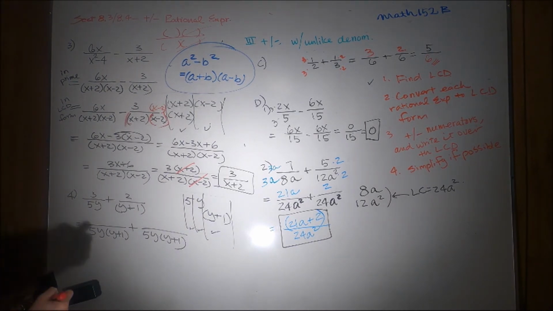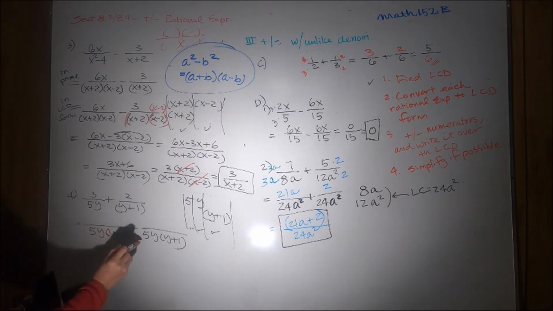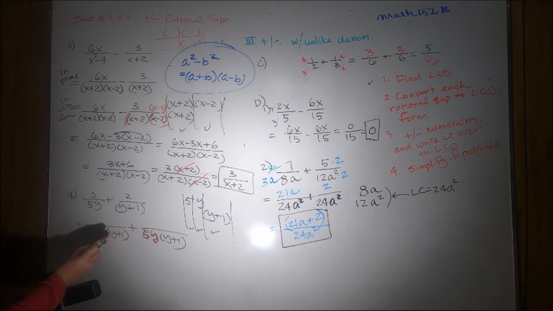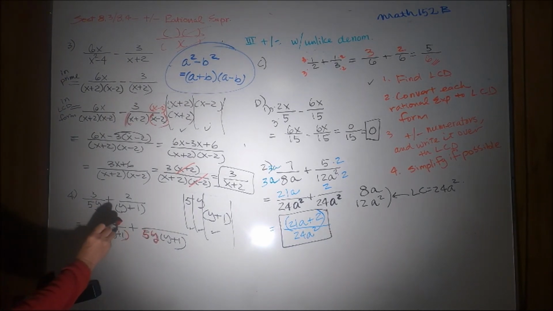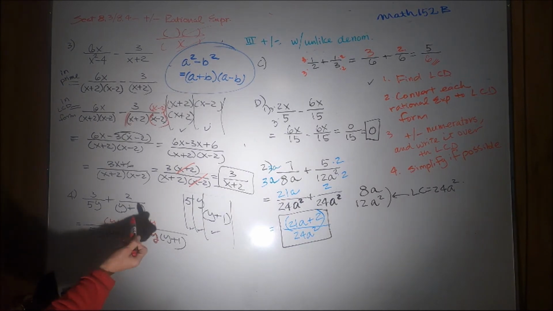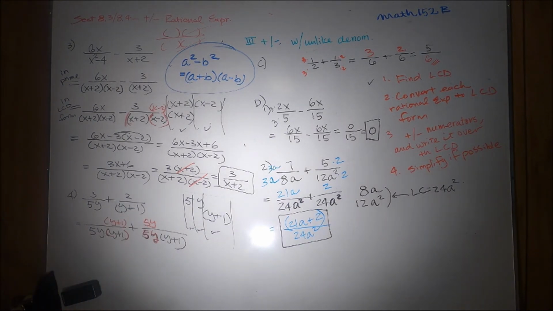Then for this one, y plus 1 is extra. For this one, 5y is extra, right? So this one has an extra, you need to multiply the same thing on the top. This one, 5y is extra, you need to put the extra on the top as well, right?